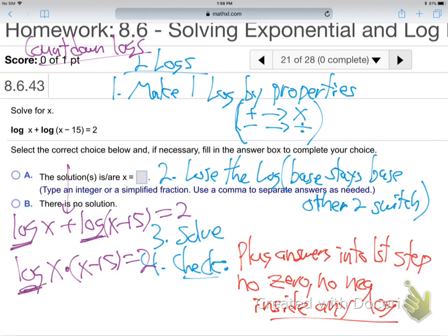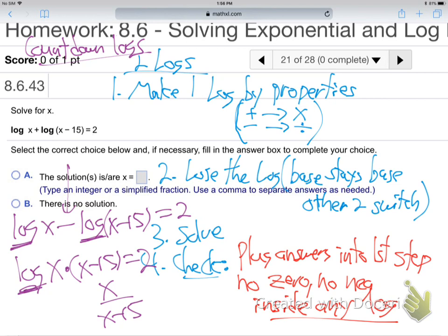By the properties, if that had been a minus in the middle, then this would be x divided by x minus 15, wouldn't it? Remember, subtraction means divide. An easy job for 2 logs, adding or subtracting, becomes a harder job for 1 log. Subtracting goes with dividing.